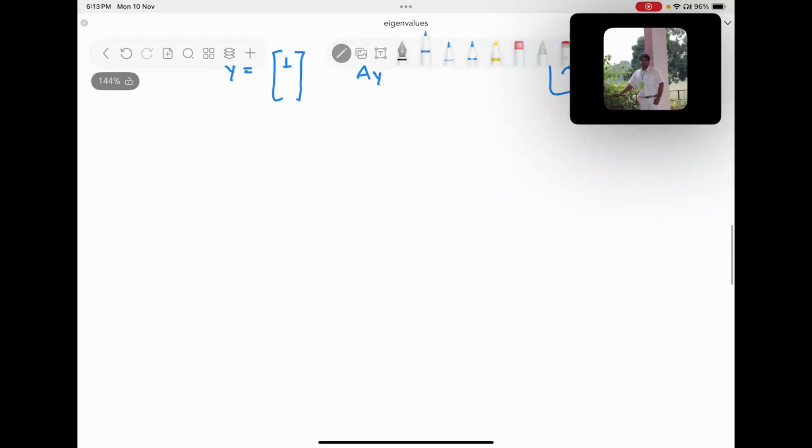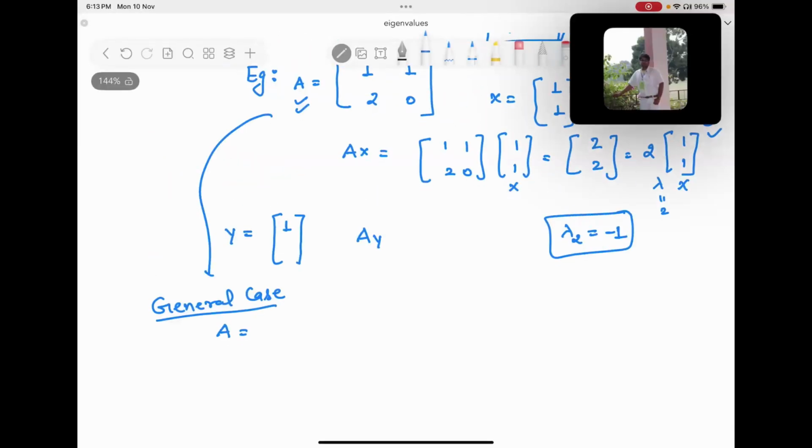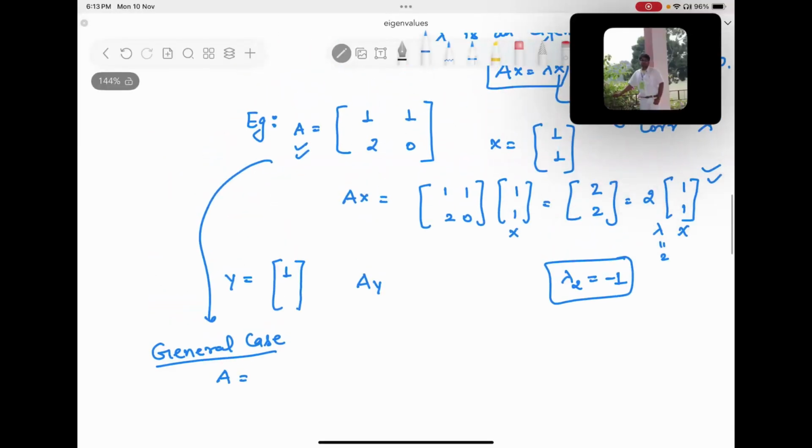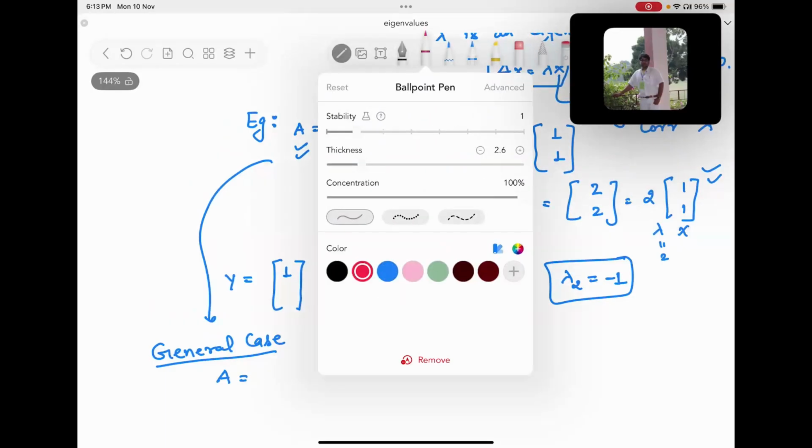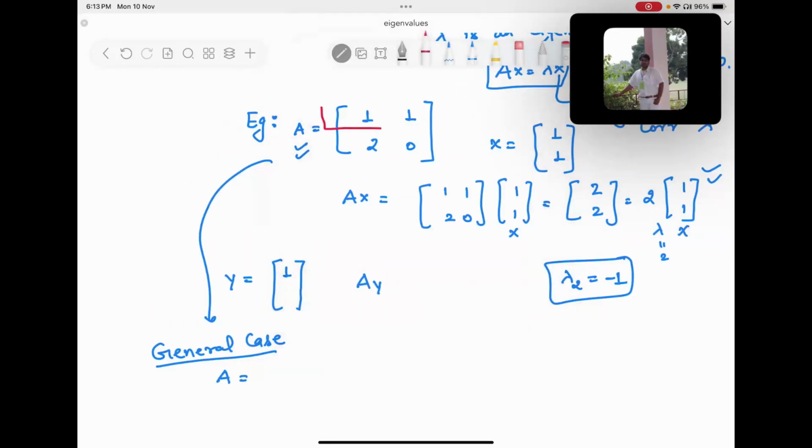Now suppose you have a matrix A. So take the general case. Why have I discussed this case here? If you see here, what is the sum of this row? 2.